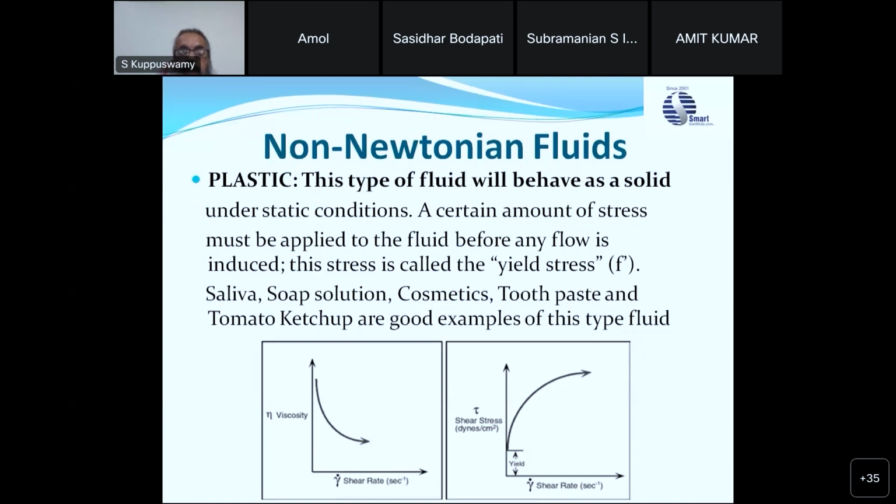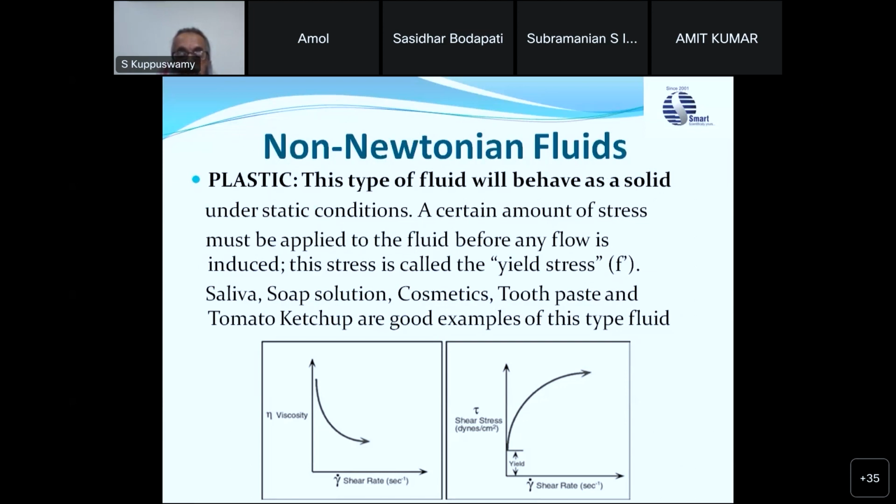So plastic. This type of fluid will behave as a solid under static conditions. A certain amount of stress must be applied to the fluid before any flow is induced. This stress is called yield stress. Saliva, soap solution, cosmetics, toothpaste, and tomato ketchup are good examples.